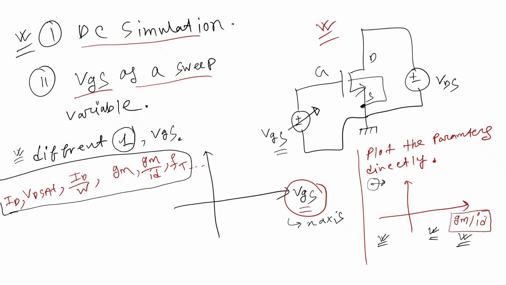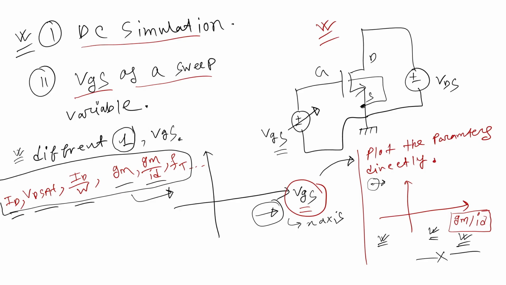In the next tutorial segment, I will show how to generate or find these parameters in Cadence, and first, how to interpret the plots of these parameters against VGS. After that, we will go to the parameters versus GM over ID.